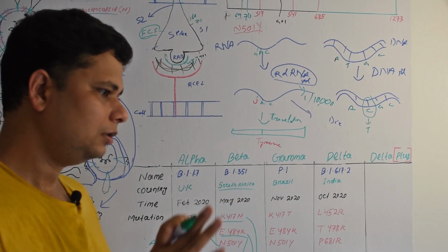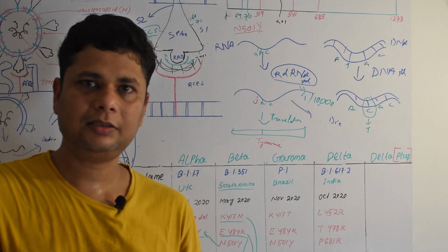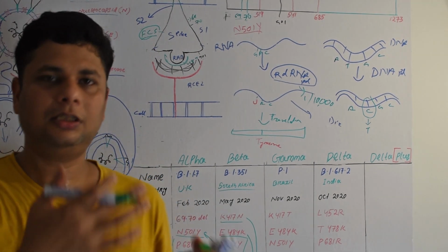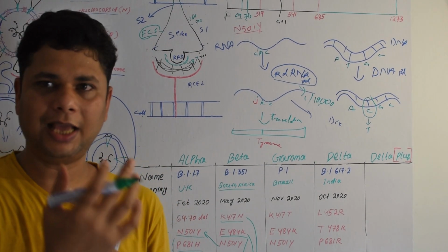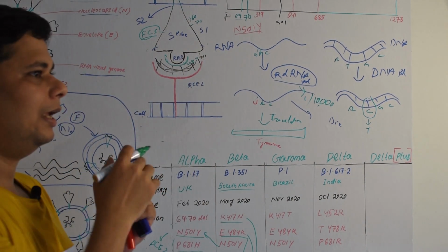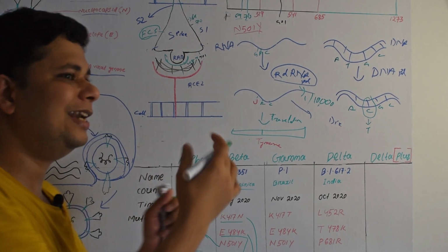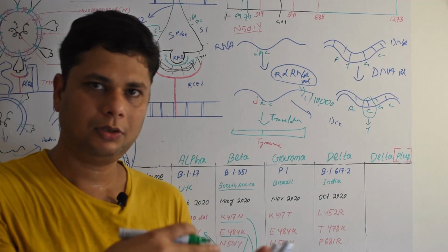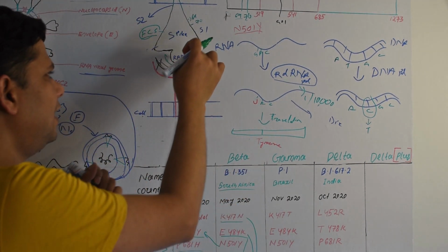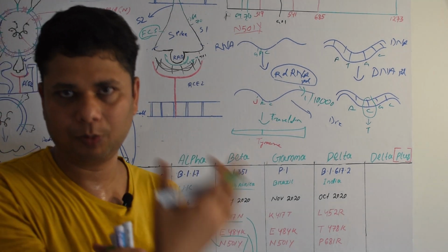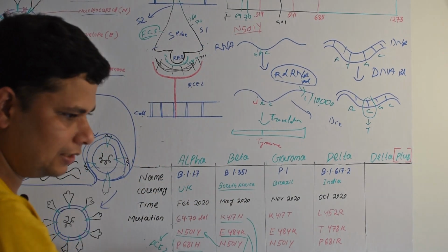Suppose one person is already infected with coronavirus and has antibody against this domain. The next time, the virus comes which has this mutation, the antibody which was already produced will not recognize the coronavirus, and the coronavirus easily escapes the immune system and infects our body.